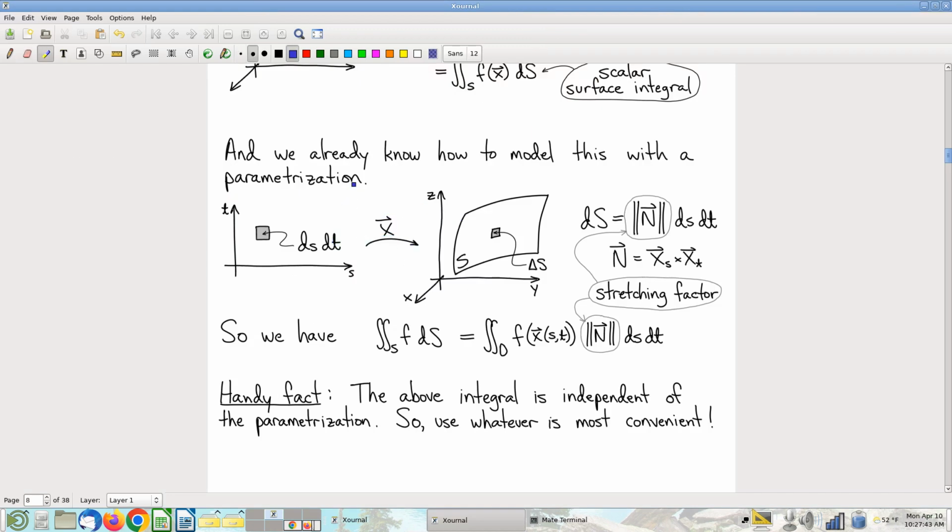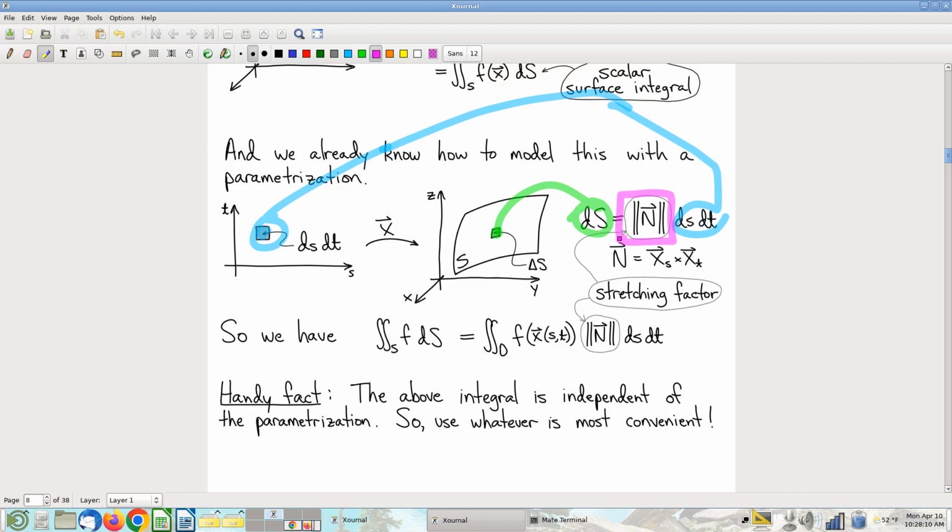So I need to know what is this little piece of area here, that little piece of area ds, and how does that relate to this little piece of area over here, ds dt. Well, okay, we already did that work. We've already found, one could even say inadvertently, that this is my relationship between input area and output area.